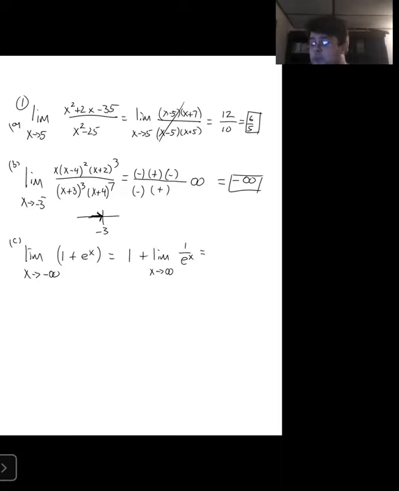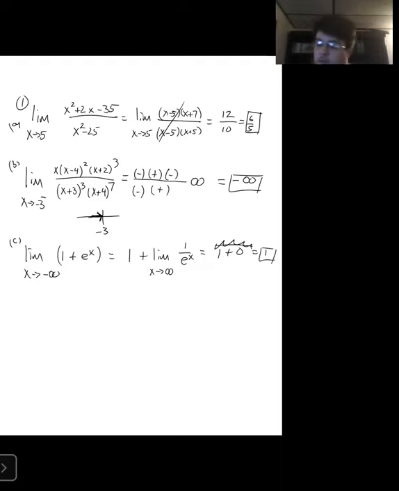As x goes to infinity, e to the x goes to infinity. 1 over something which goes to infinity goes to 0. So you get 1 plus 0, which equals 1.